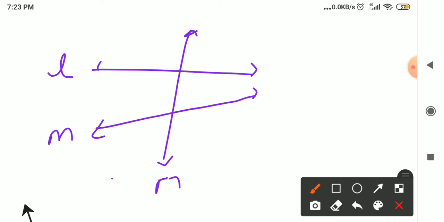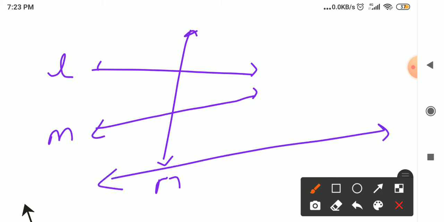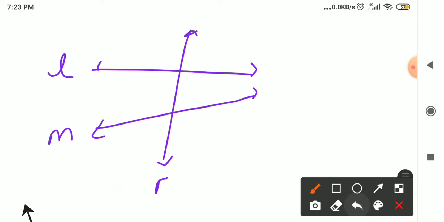We can extend the line on both sides. There is no limit. So if we extend this line L forward in this way, and if we extend the line M here, you will notice that it intersects after some interval or some gap. That's why L and M, though it is not looking like they are intersecting each other, are intersecting lines because they meet each other if we extend them.